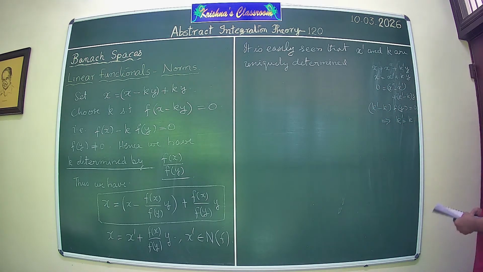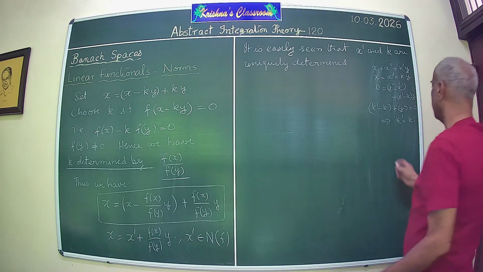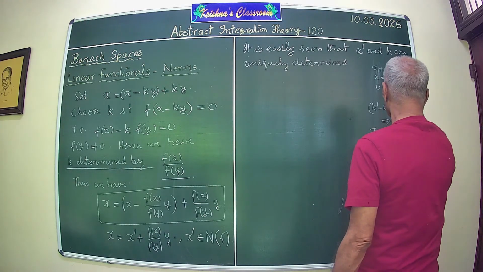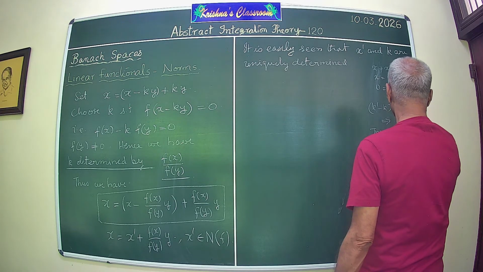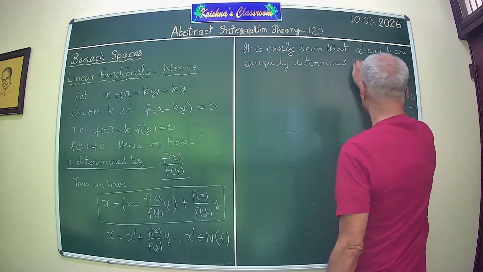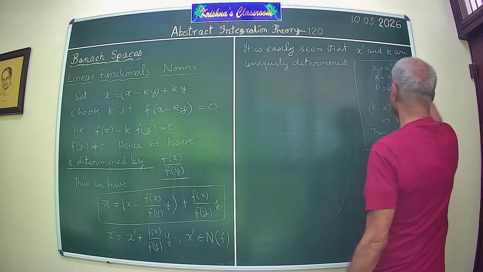So once you get k prime equal to k, then from this it is easily verified that x prime equals x double prime. So that is the quick proof of that.